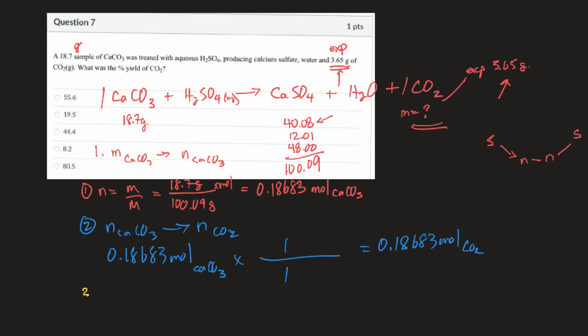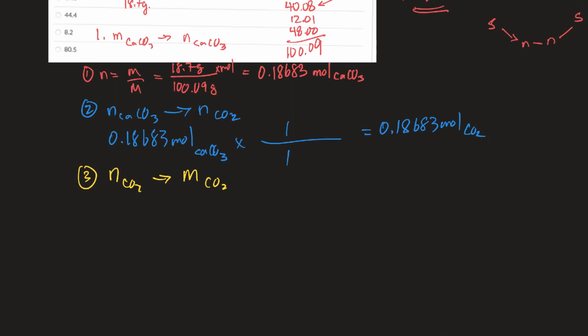So step 3 will be to take the moles of CO2 and convert it to the mass of CO2. So the formula is moles is equal to mass over molar mass. I'm searching for mass, so mass is moles times molar mass.